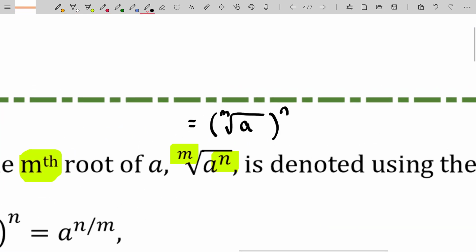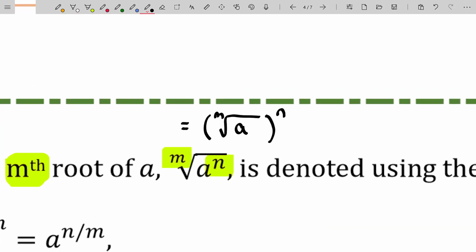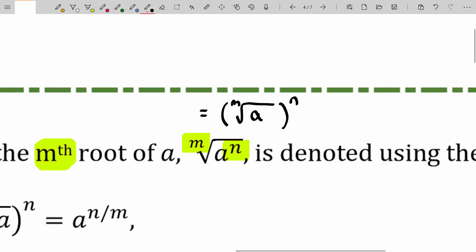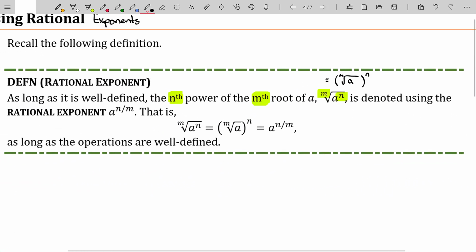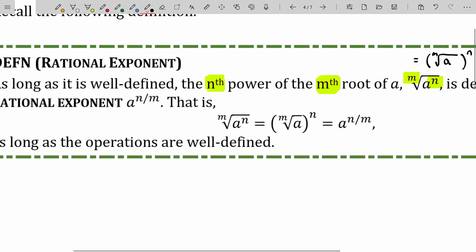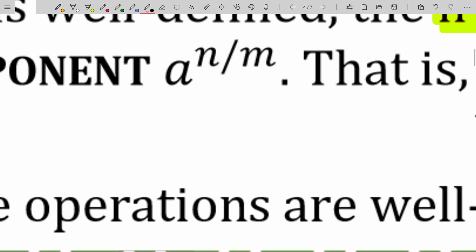So the index of the radical and the exponent on a can move in and out of those parentheses. Anyhow, that radical notation is much easier denoted using the rational exponent notation a to the n over m.